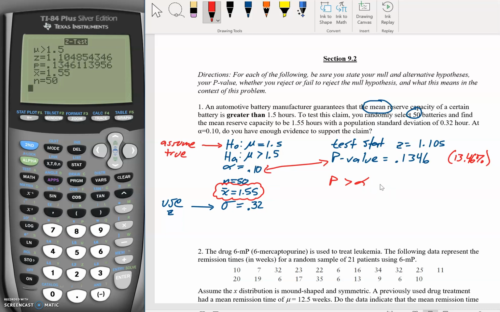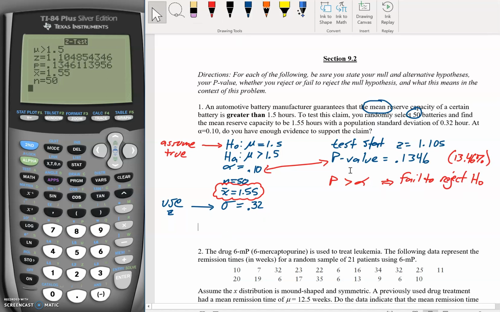So because of this, p is greater than alpha, we say we fail to reject the null hypothesis. There is not enough evidence to suggest that the null is untrue. Now, again, we don't embrace it. We don't say we accept the null. We just say we fail to reject it.